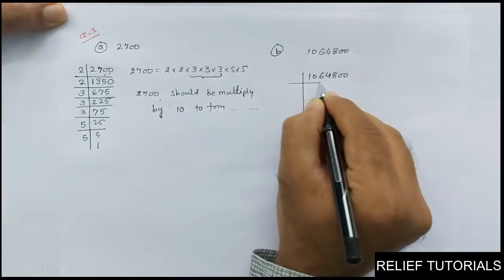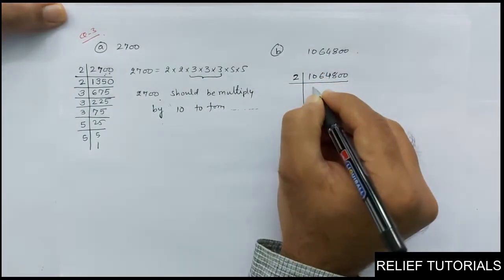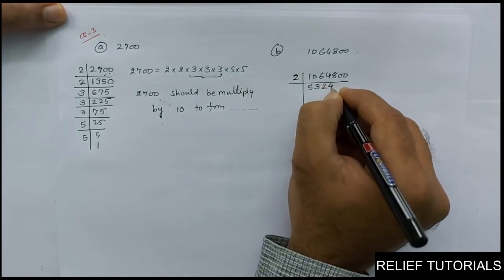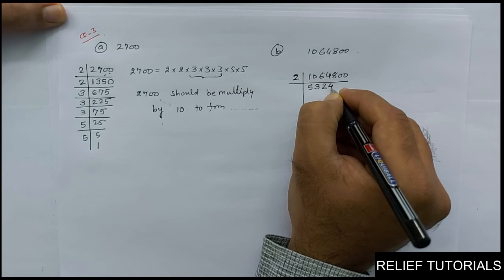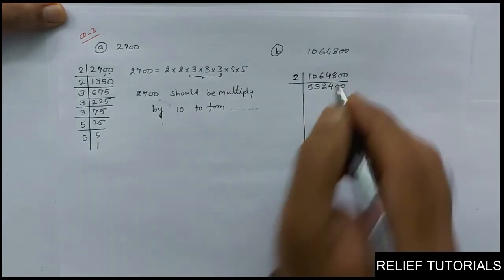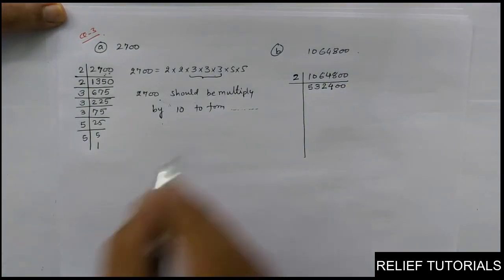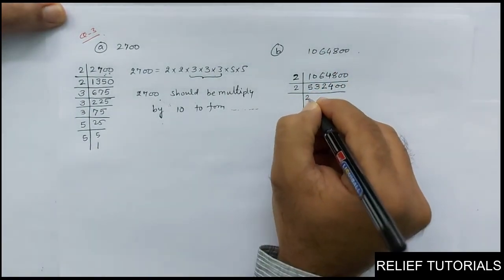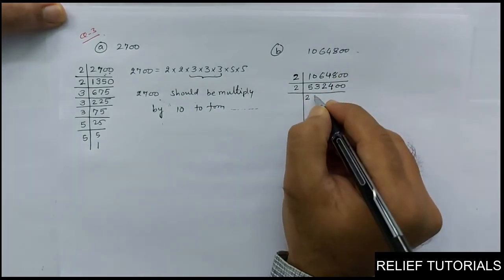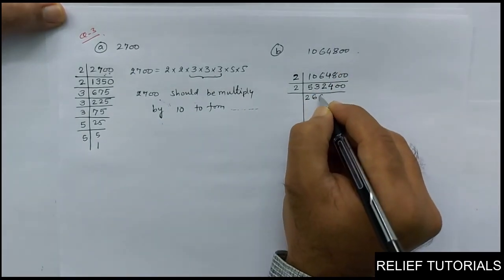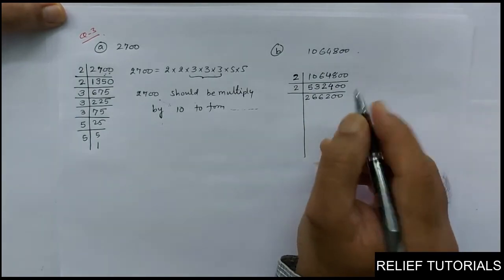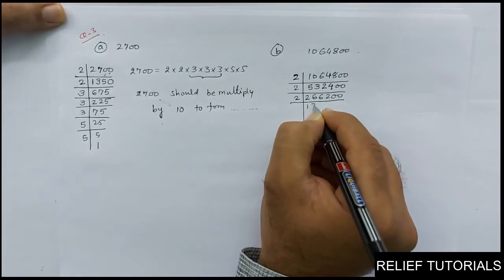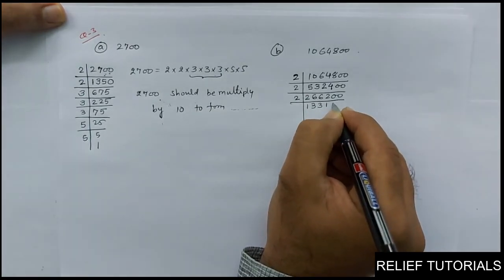Let us start with 2. 2 fives are 10, 2 threes are 6, 2 twos are 4, and these two zeros as it is. 2 twos are 4, 1 three means 2 sixes are 12, and these two zeros. 2 1 3 3 1 0 0.